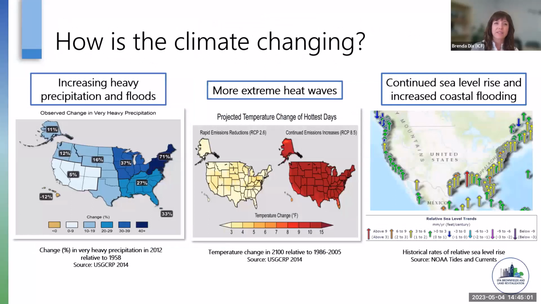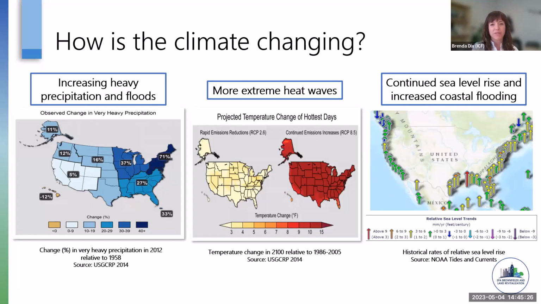So real quick, just how is the climate changing? We're seeing increasing heavy precipitation and floods. This chart or figure on the far left there, that's showing historical change between 1958 and 2012. So you can see in the Northeast, for example, a 71% increase in very heavy precipitation events. I think we're all seeing these types of stories on the news, major flooding here, major flooding there.